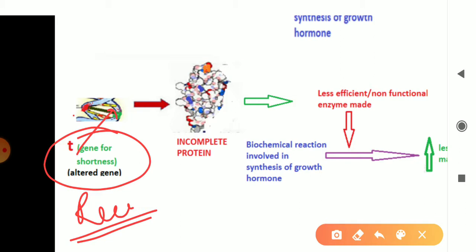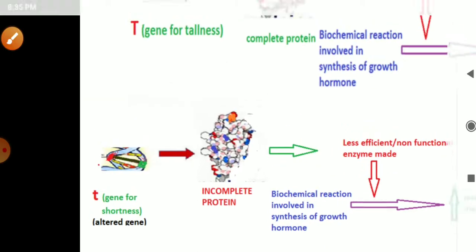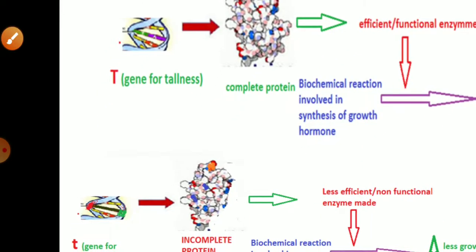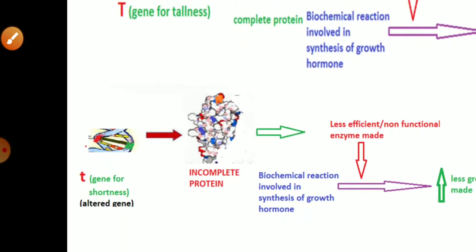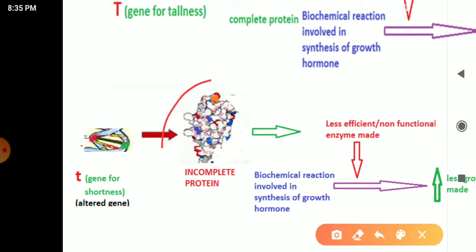It's because of the information contained in this particular gene, which is an alteration. There's a difference between the original gene and this altered gene, which is the gene for shortness. Because it's an alteration, when proteins are made using the information of this gene, the proteins may be incomplete.